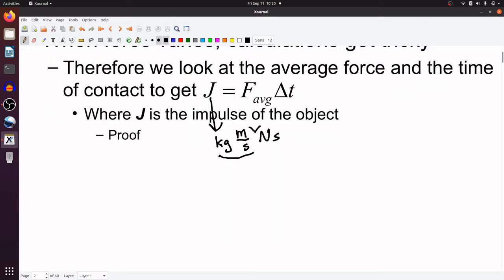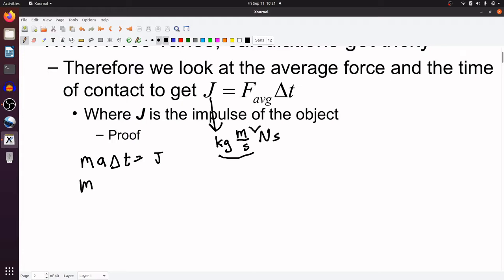There's not really a proof. It says proof, but basically, we know that the average force is mass times acceleration, and then that is times the change in time, and that's equal to J, impulse. Well, what is acceleration?